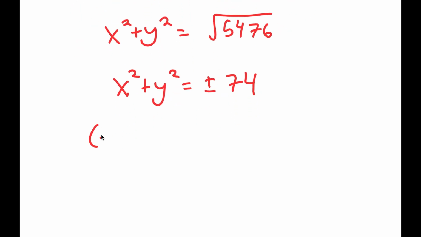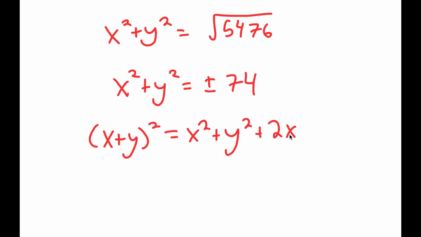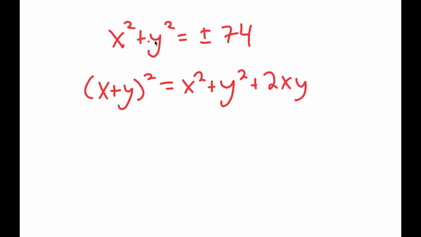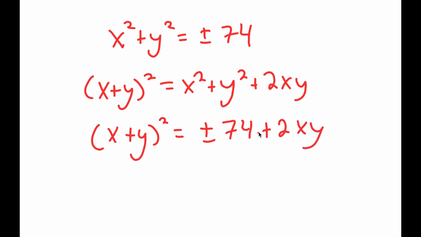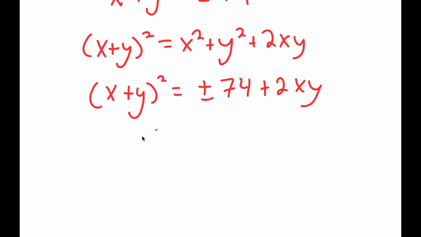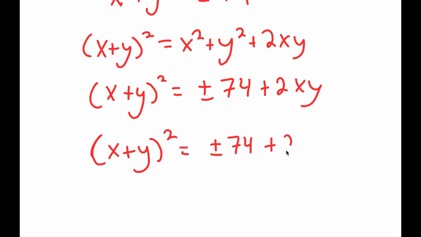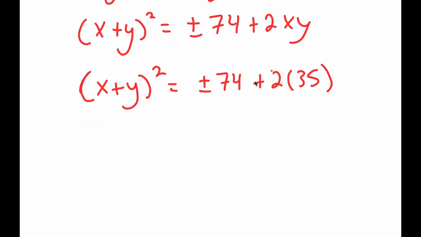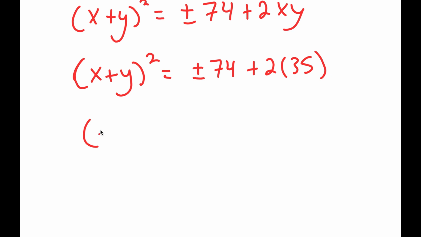So now remember how x plus y squared is equal to x squared plus y squared plus 2xy. Well, x squared plus y squared is equal to positive or negative 74. So now I get x plus y squared is equal to positive or negative 74 plus 2 times xy. And also remember how x times y is 35. So now I get x plus y squared is equal to positive or negative 74 plus 2 times 35. Now, 2 times 35 is 70.